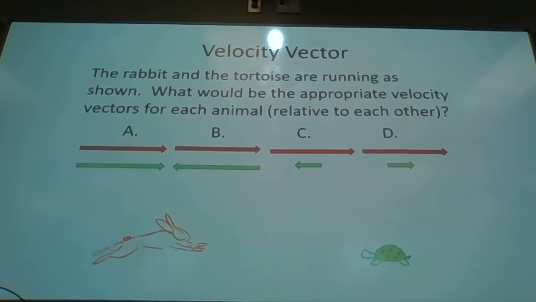Correct answer is C. The rabbit is going faster, therefore the arrow is longer, and they're going in opposite directions. Okay.